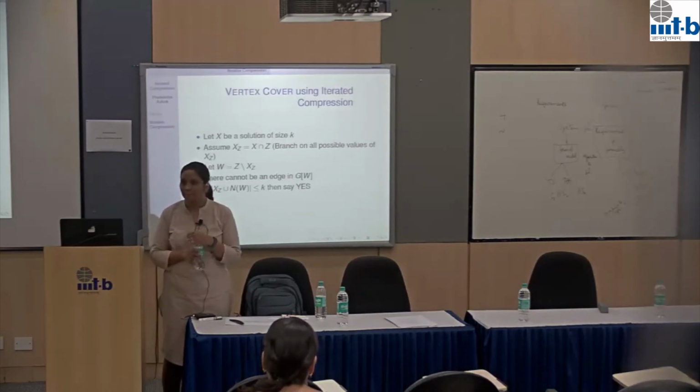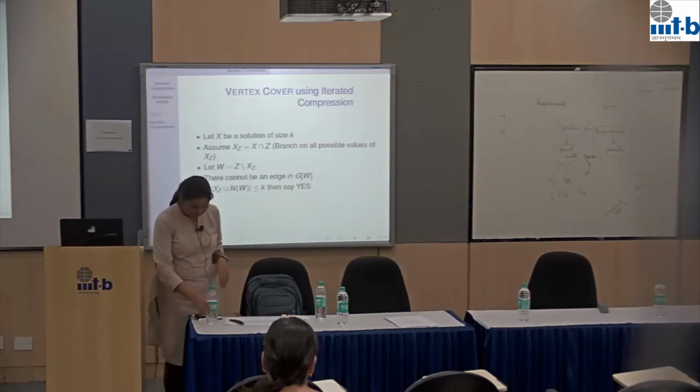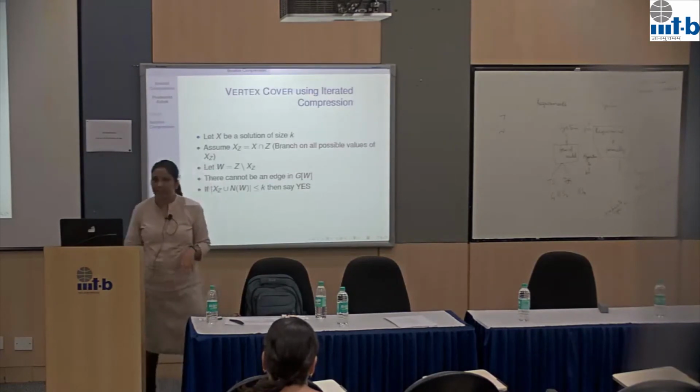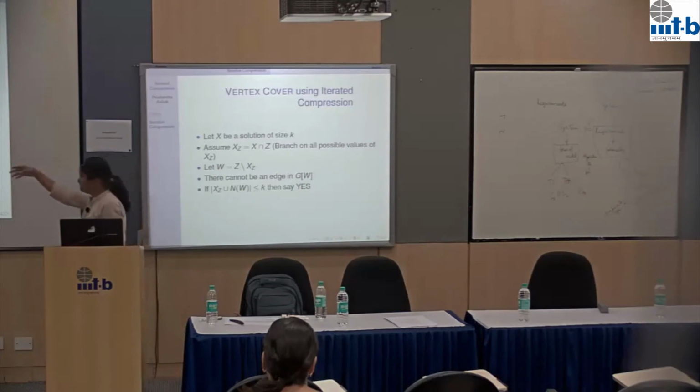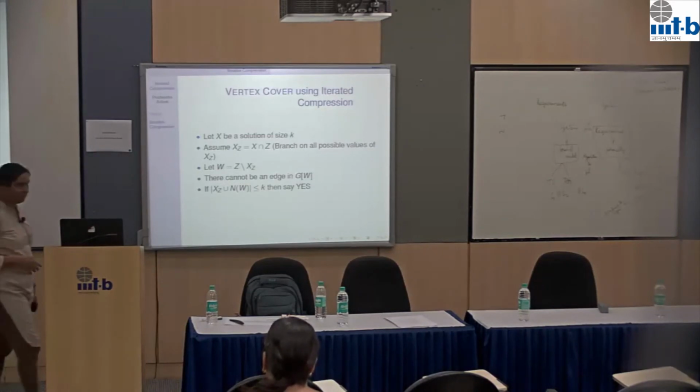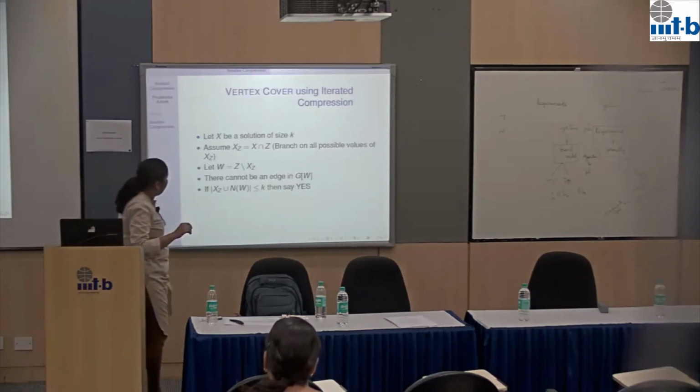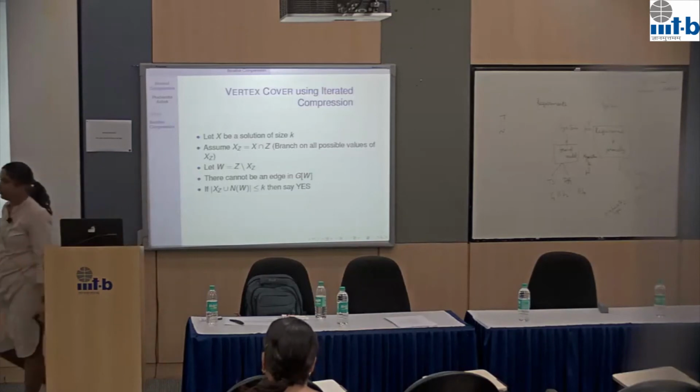Right. So this was easier because it was easy to find some property between W and the rest of the graph. So what will be the running time of this algorithm?